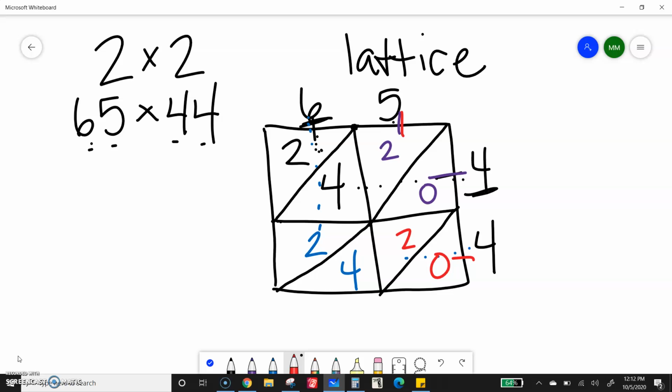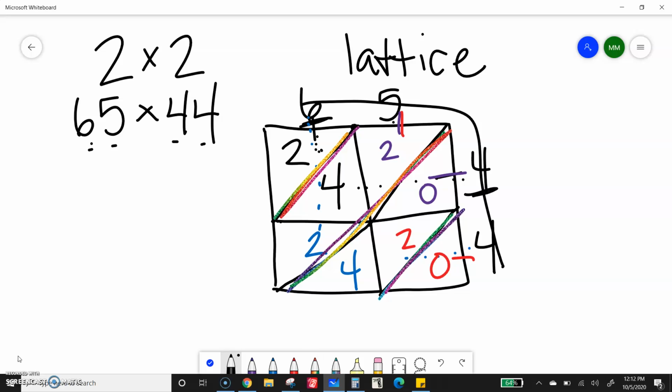Then I will add up. So remember, when I add up, I need to look at my diagonals. Notice I have more numbers in some of these diagonals than I did before. I can ignore the outside numbers. I just have a 0 on this one. For this one, I have 0 plus 2 plus 4, so 6.